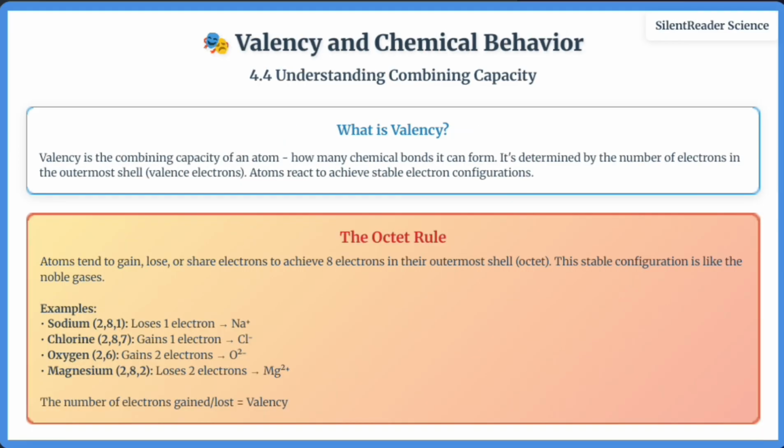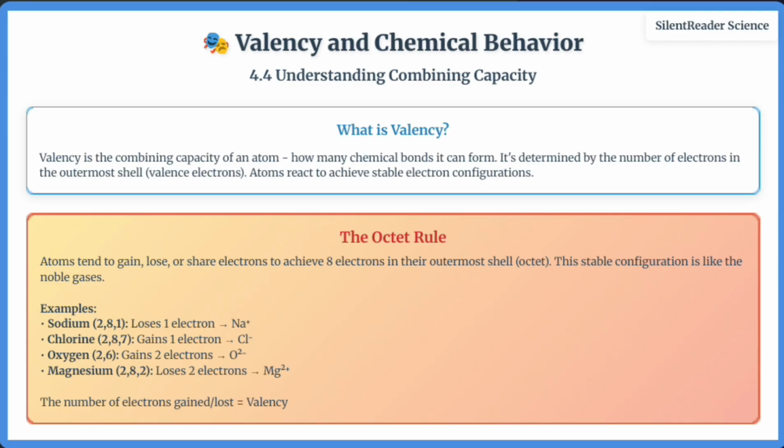Let's explore valency, the combining capacity of atoms. Valency is determined by the number of electrons in the outermost shell, called valence electrons. Atoms react to achieve stable electron configurations, usually with 8 electrons in the outer shell, the octet rule. Metals tend to lose electrons to form positive ions, so their valency equals their valence electrons.